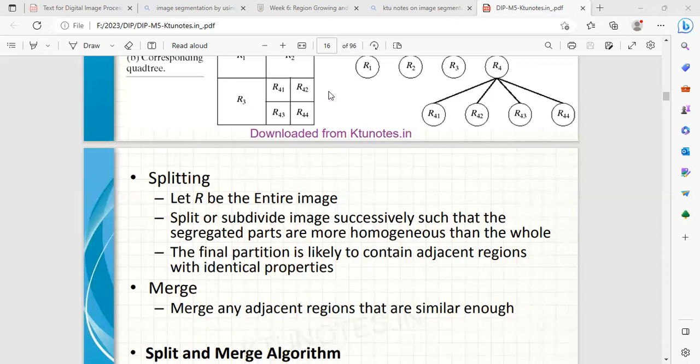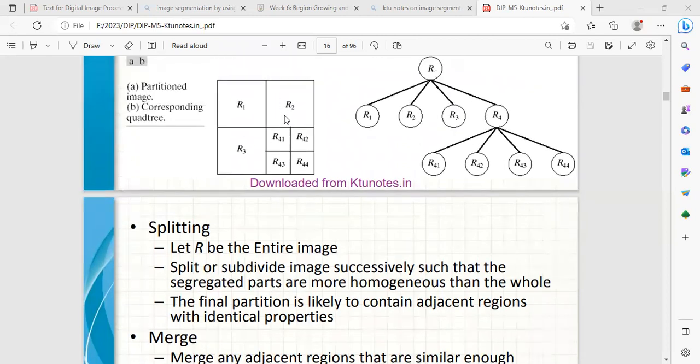Now when we split R4, maybe R2 and R44 will be similar. Then we can merge them again. And if there is similarity with R2, you can merge this also. So we merge regions that are similar. Provided connectivity is there. If R44 and R1 are similar, you cannot do anything. If R44 and R43 are similar, you can merge these two.